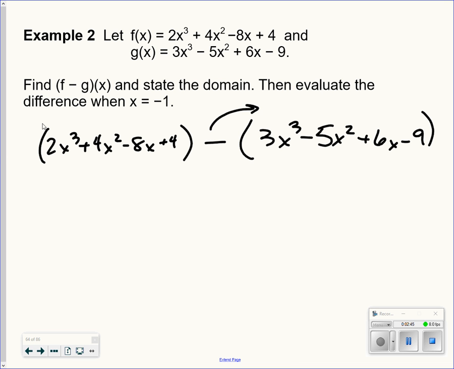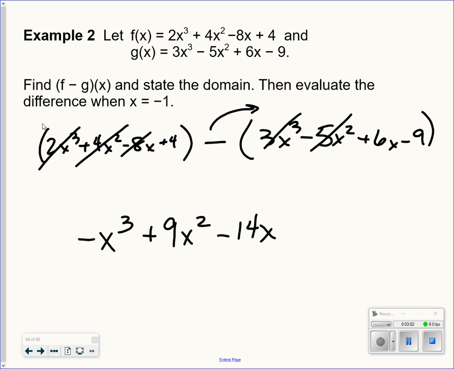So 2x cubed minus 3x cubed would be -1x cubed. 4x squared minus -5. So now we're talking about a plus 5, so 9x squared. -8x minus 6x would be -14x. And 4 minus a negative, so that's like adding, would be 13.